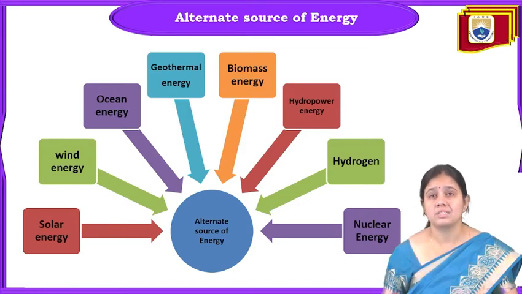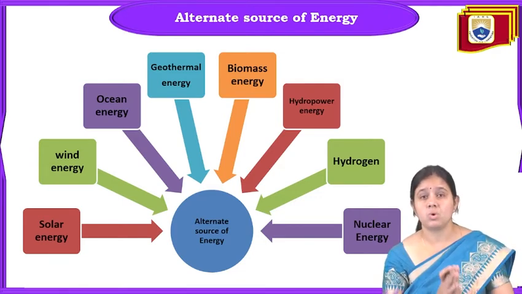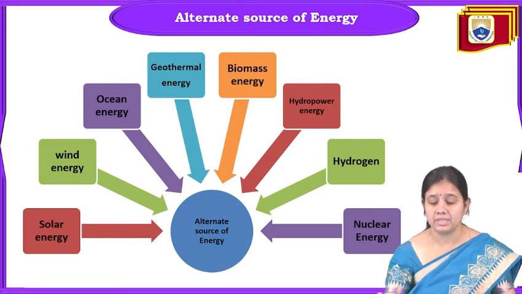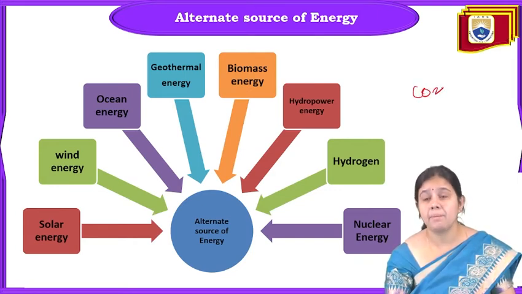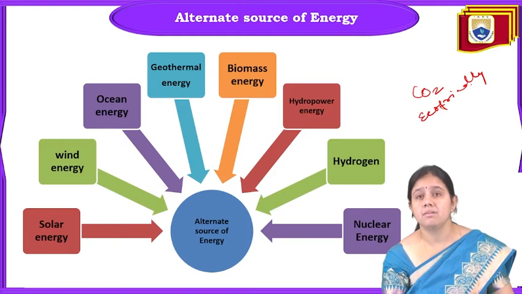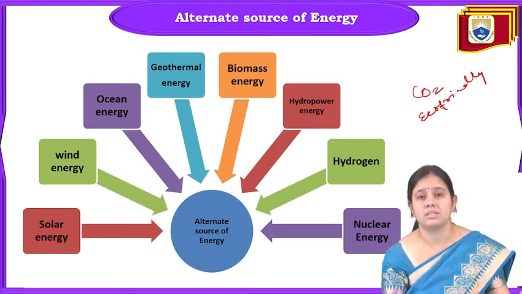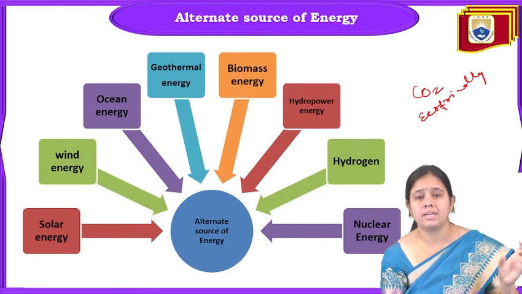So we can use this kind of energy as a better option compared to our ancient source of energy. These energies are less polluting. They will not emit carbon dioxide. They are eco-friendly. We already discussed in the previous lectures why we have to shift towards renewable sources of energy, because these are less harmful for the environment. They do not emit any kind of carbon dioxide. They are the cheapest form of energy.